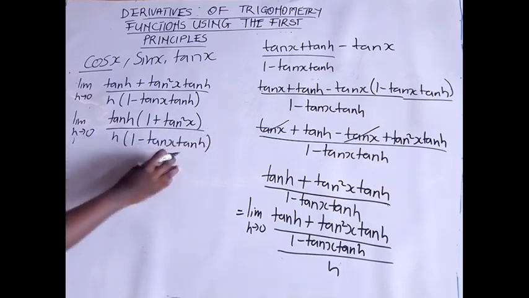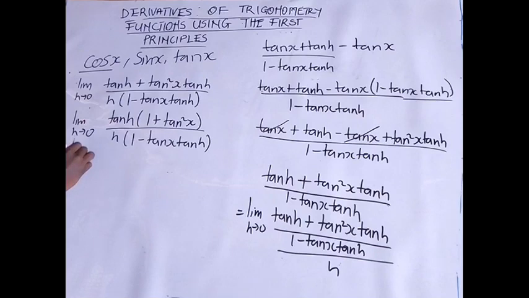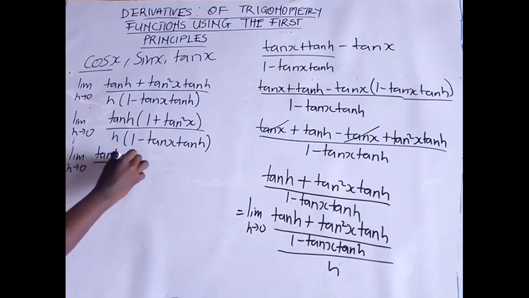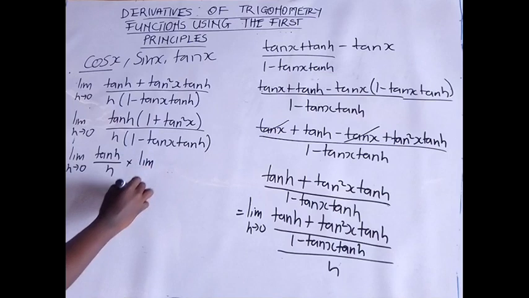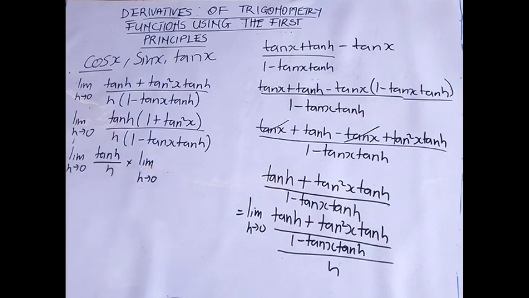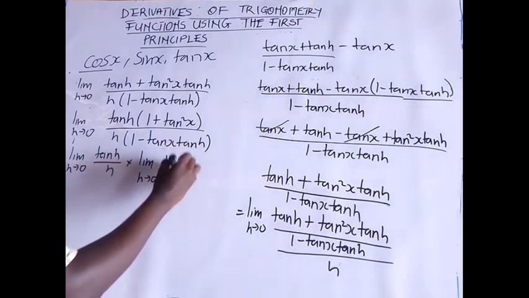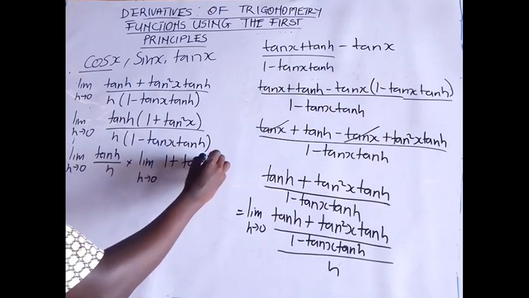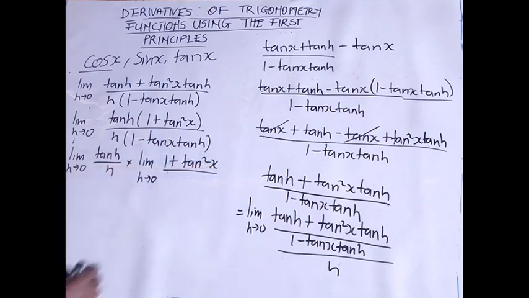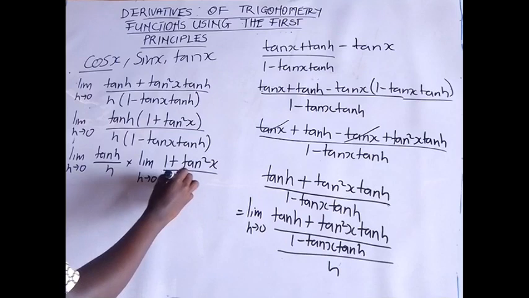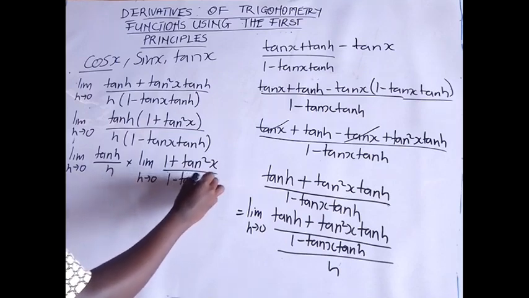So now we can also write this as the limit as h approaches 0 of tan h over h, times the limit as h approaches 0 of 1 plus tan square x over 1 minus tan x tan h.